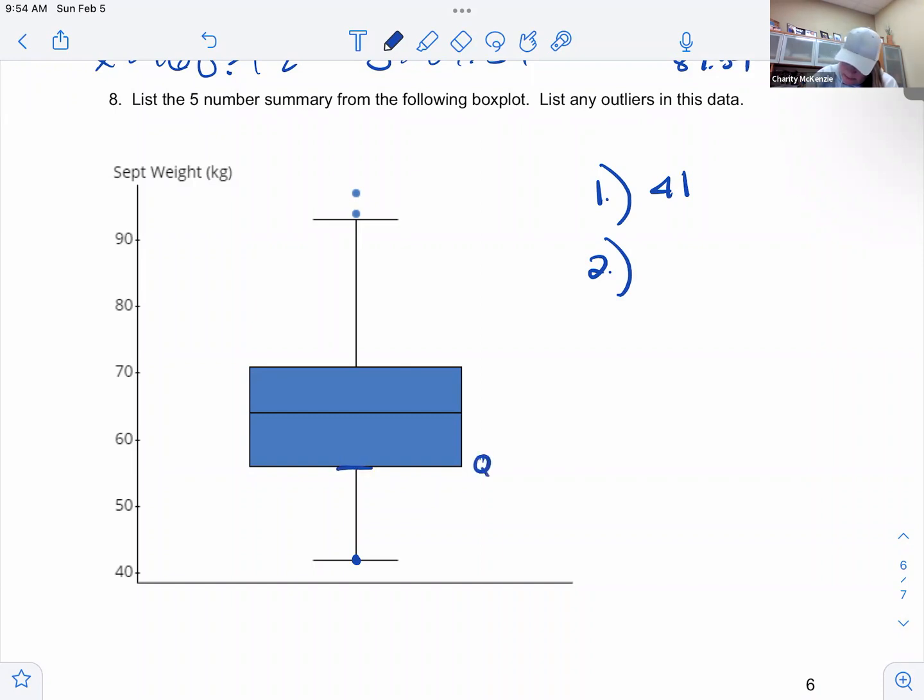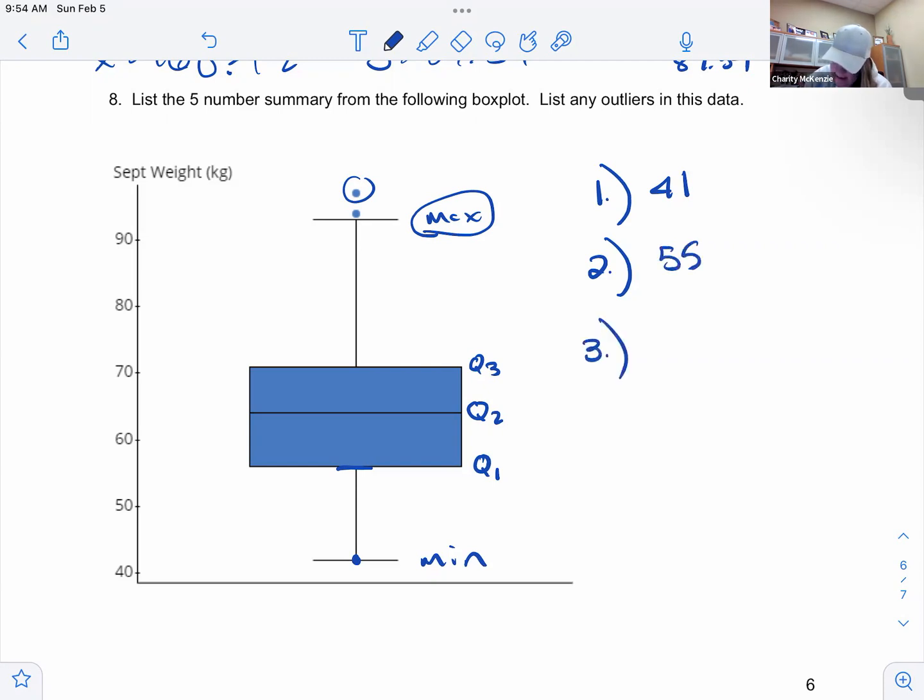This is considered Q1, Q2, Q3, and then this is the max, and this is the min. Okay, so the second number, well, this is a little tricky, right? Because the max is actually this one. Right? Because the max is actually one of the outliers. Okay, so 2, we have about 55.